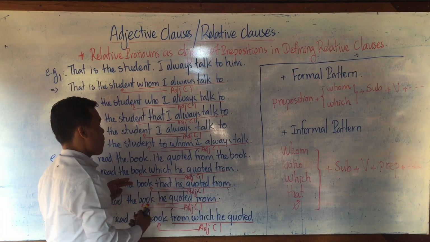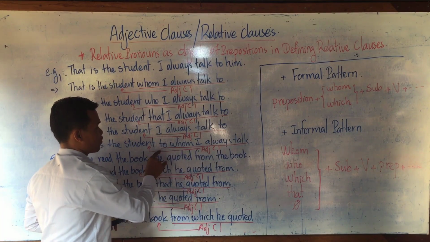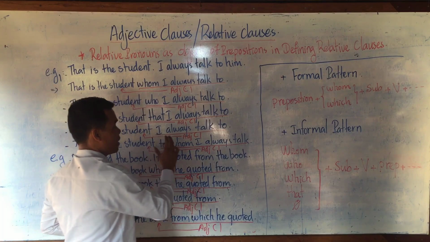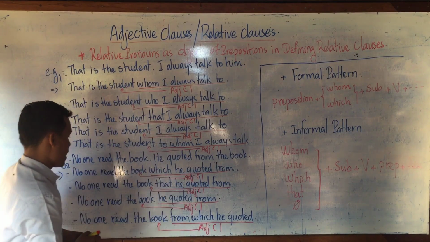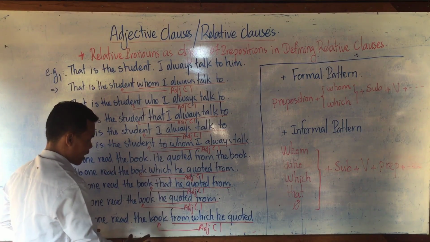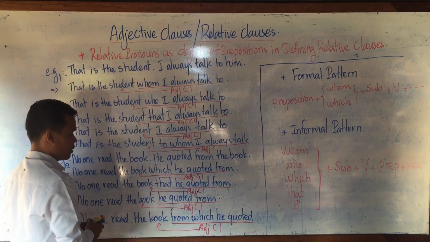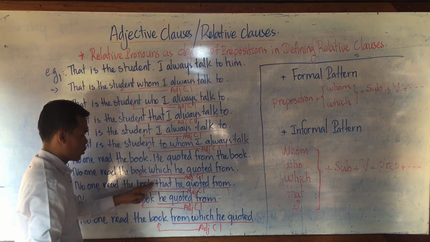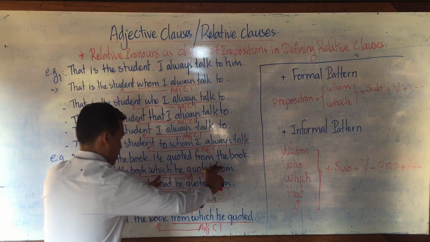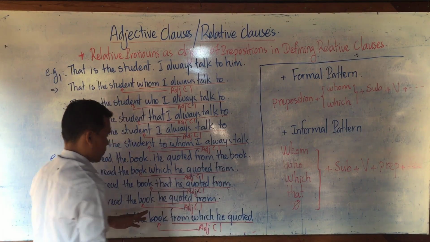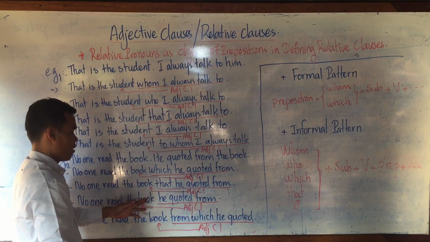And the most formal way is that you have to place the preposition in front of the relative pronoun. It is the most formal. Fourth thing, we can write 4 sentences when the relative pronoun is the object of a preposition. One we use with which, number 2 we use with that, and the preposition comes at the end of the sentence or clause.